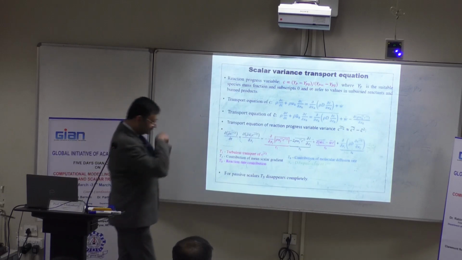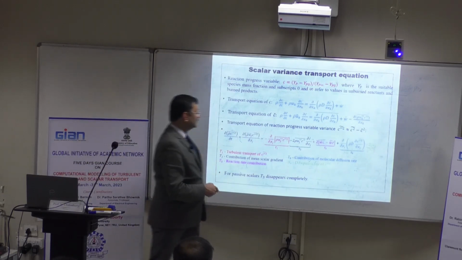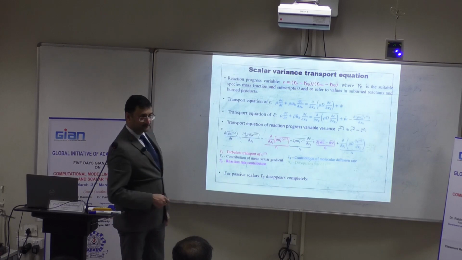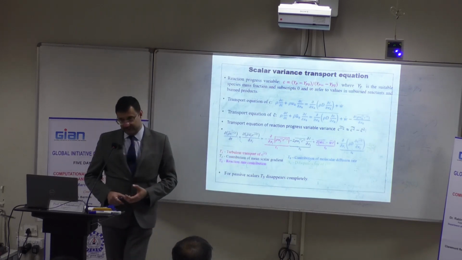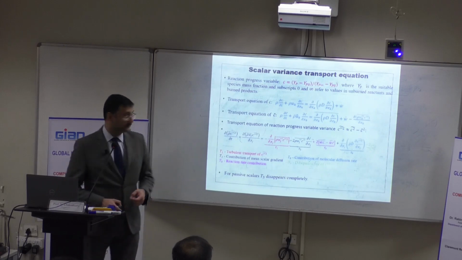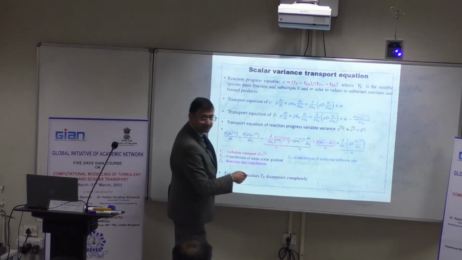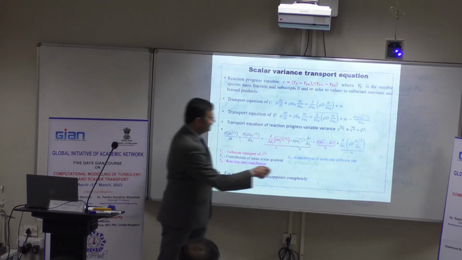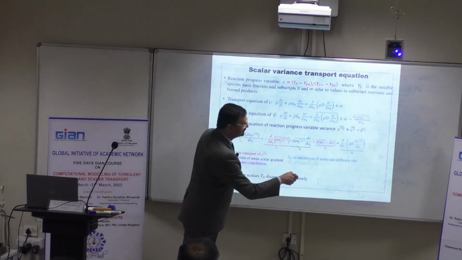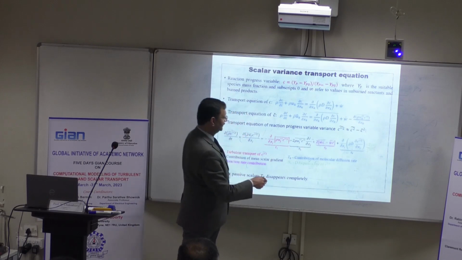If I consider this transport equation, and if you want to solve this transport equation in the context of advanced simulation, this is an unclosed term. Okay? In order to solve this equation, you already need this scalar flux. So this term is closed.